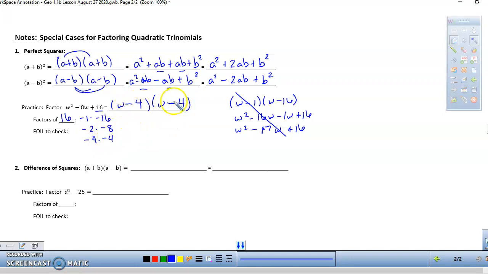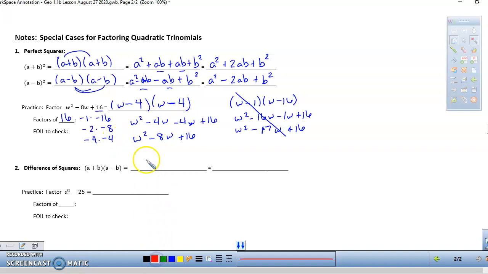So I would just try that one first. It actually does work in this case. So -4, minus inside, and then 16. -4 and -4 total is a -8 plus 16. So that matches our original here.